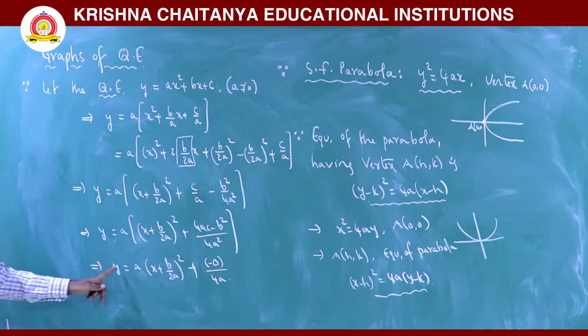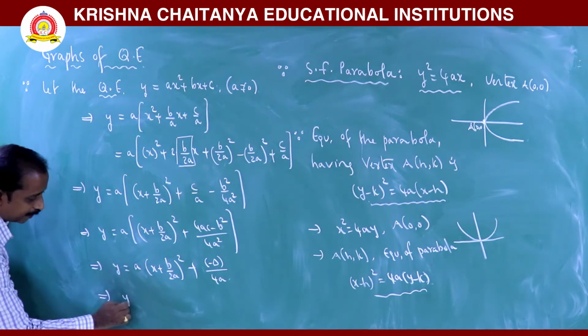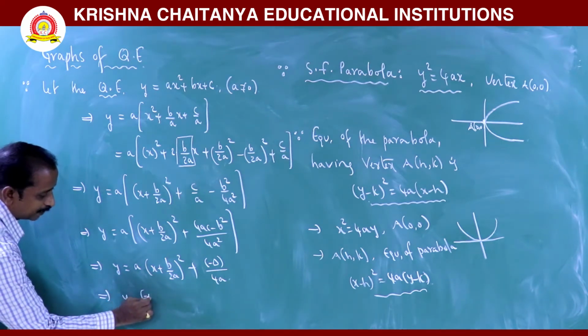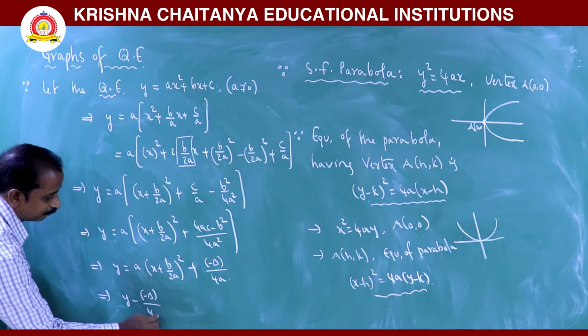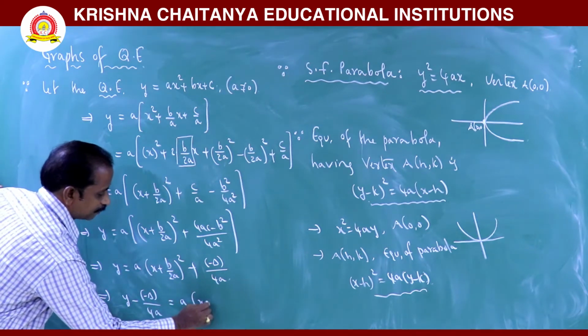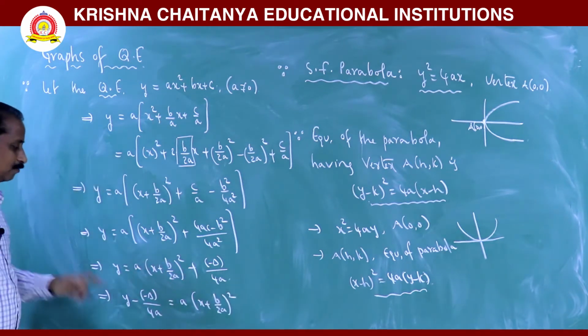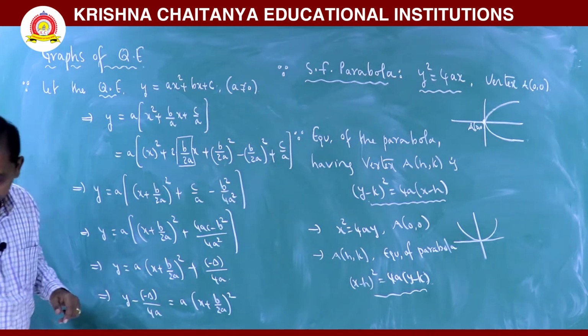Taking minus delta to the LHS, what does it become? y minus of minus delta by 4a is equal to a times x plus b by 2a whole square. Now cross multiply a.